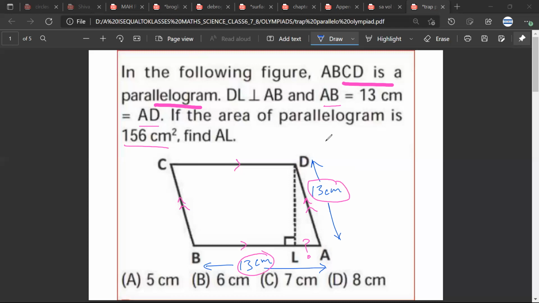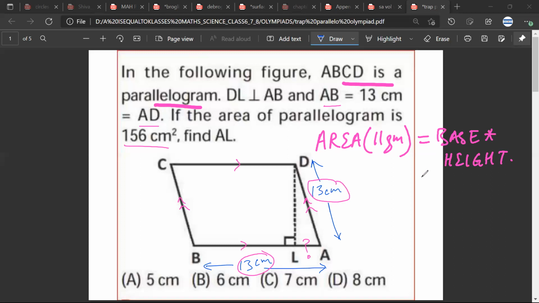Okay, Satya, what is the area of a parallelogram? Base into height. Mr. Sarthak, do you agree? Yes, sir. Okay. Now we are given what is the area of the parallelogram, Mr. Satya?